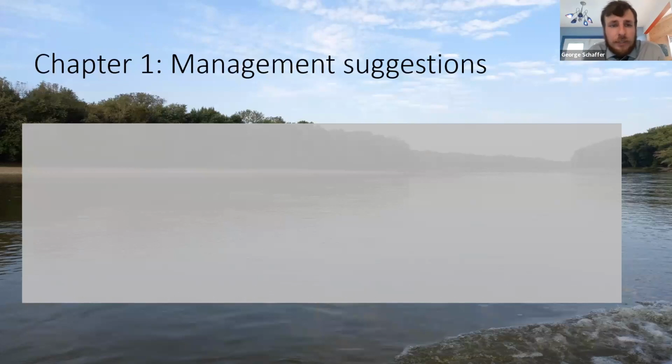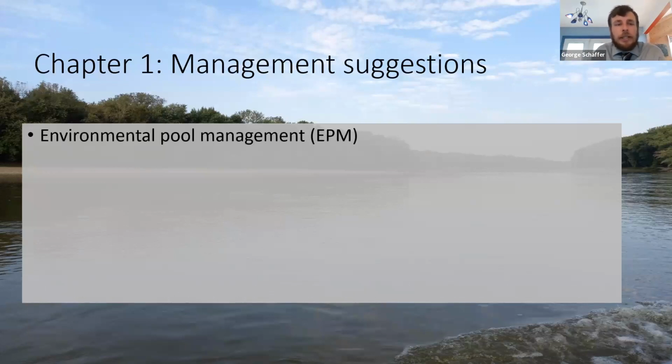Our management implications for our first chapter are that this may not be implementable on the Wabash River because there is not a series of locks and dams, but on other invaded areas such as the Ohio, Illinois, or Mississippi River, we would be able to implement this. On the Wabash, what we learned is that water velocity may play a major role in determining energetically high quality habitat for silver carp.